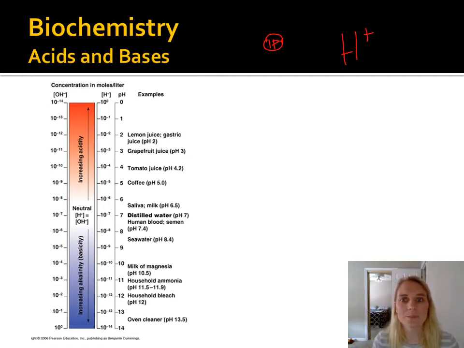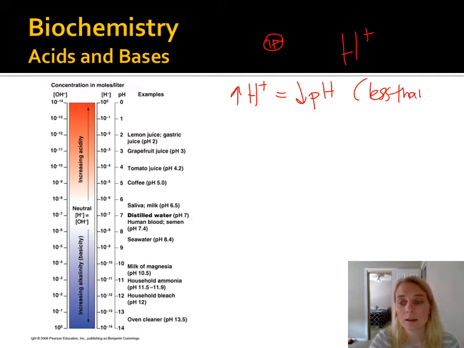In acids and bases, there is an inverse relationship between the concentration of hydrogen ions and the value on the pH scale. If you have high levels of hydrogen ions, a whole bunch floating around in your solution, that's going to give you a lower pH number, less than 7. Neutral is 7 right here.